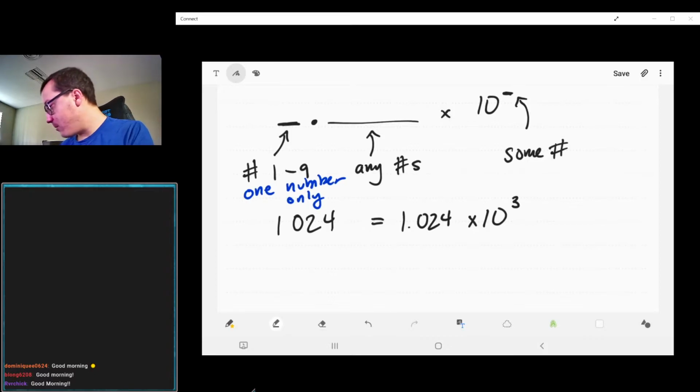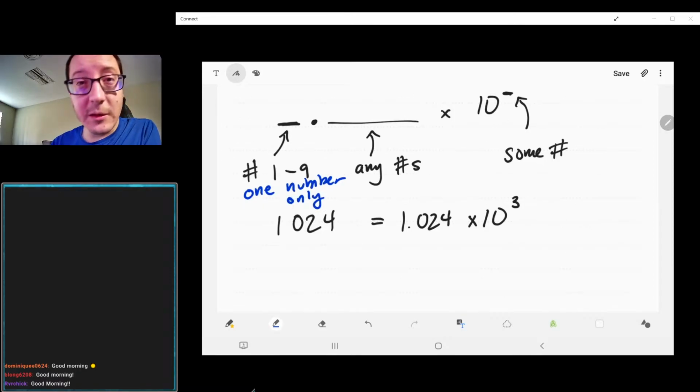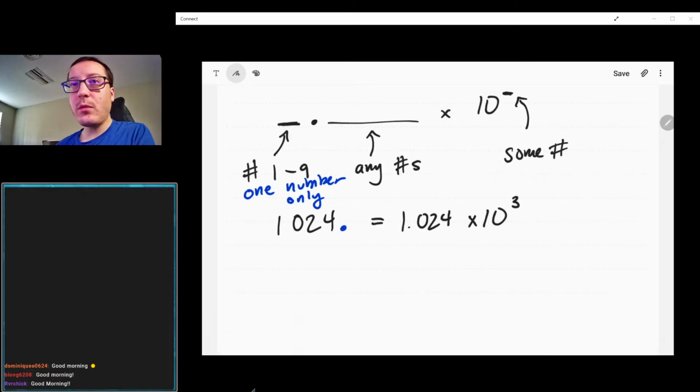Hopefully in your math, algebra, or whatever class that you learn this sort of thing in, this should not be terribly new, hopefully. How we get this is if we look at where the decimal would be in our number that's on the left there, the 1024, that's going to be over here, right? If we were to put a decimal in this number. And we would essentially be moving that decimal such that we have just one number next to it.